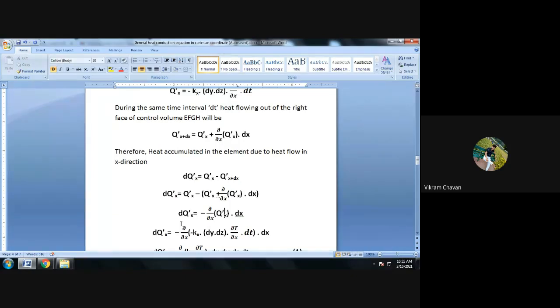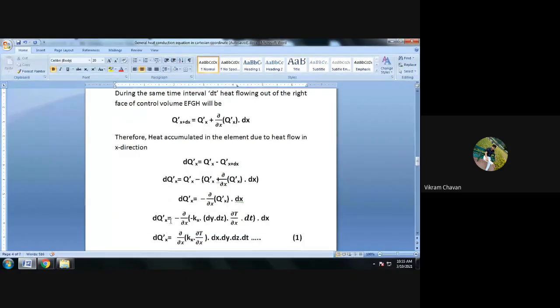So dq dash suffix x will be equal to minus the differentiation with respect to x of the bracket. Just put the equation of q dash suffix x over here.